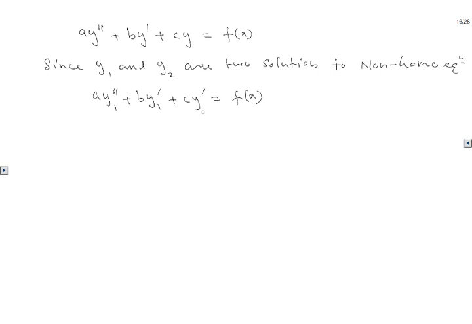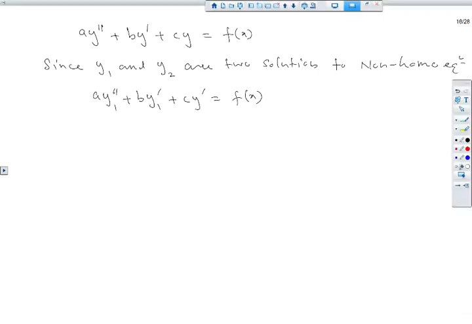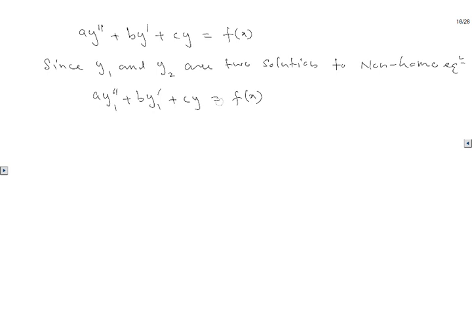So this is y1. Same thing with the second solution: a y2 double prime plus b y2 prime plus c y2 equals f of x, because those two are solutions to the non-homogeneous equation. Now we're going to subtract them.